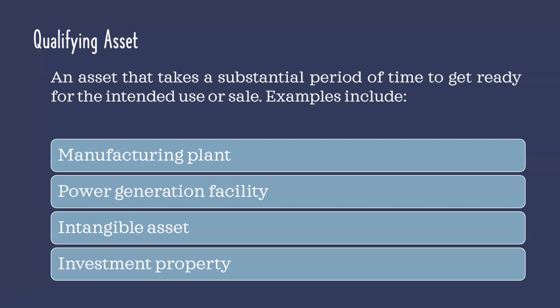So kung babalikan natin, pag ganito ang klase na asset na inacquire ng entity, tapos nangutang ka para i-finance ang pag-acquire ng ganitong klase na asset.